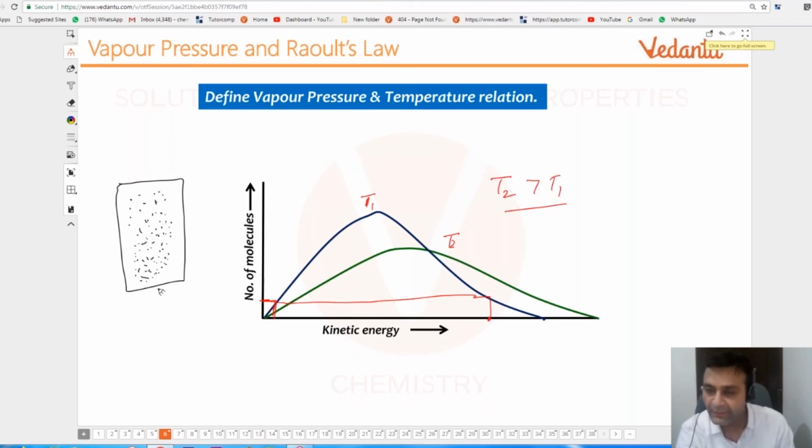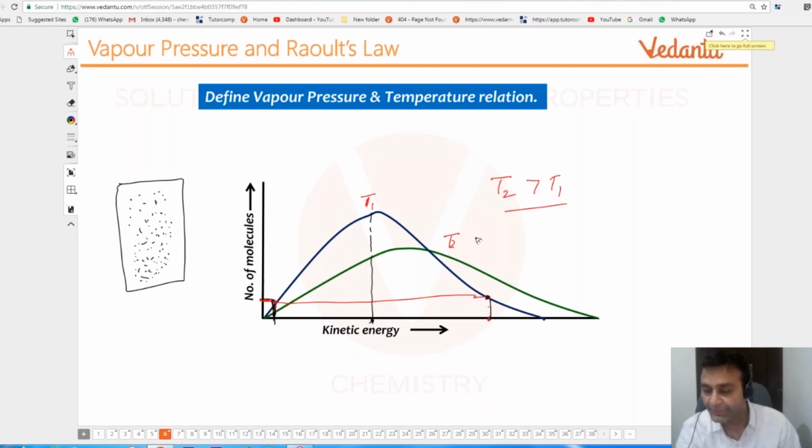So those molecules which have very less kinetic energy are also very few in number. And the particles which have very high velocity, those just below the fan, are also very few in number. But most of the particles are moving with some intermediate velocity, and they have intermediate kinetic energy.